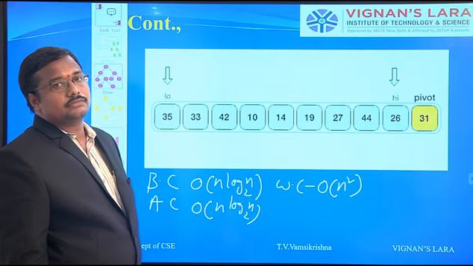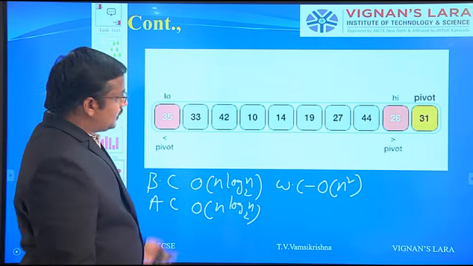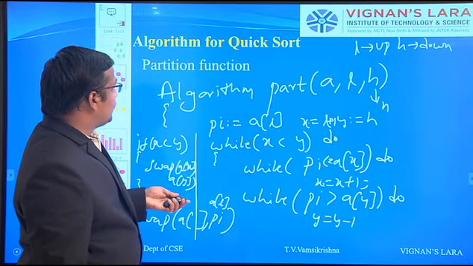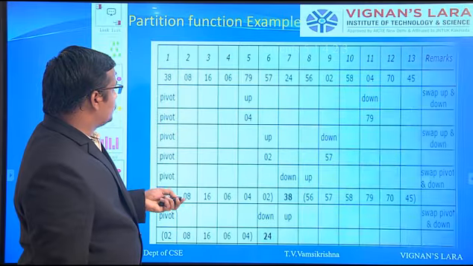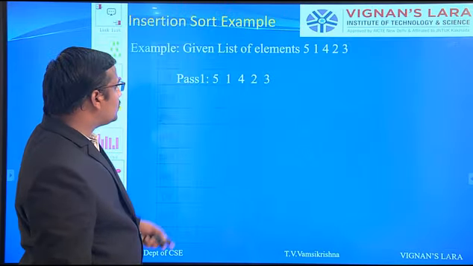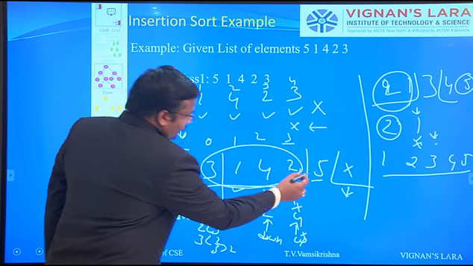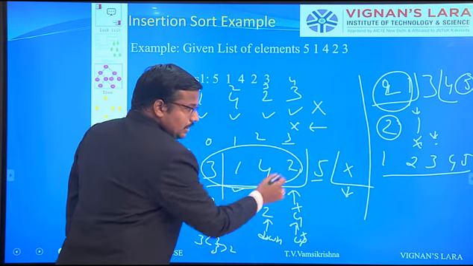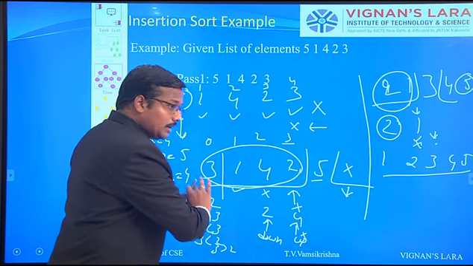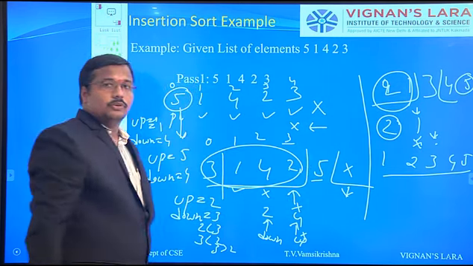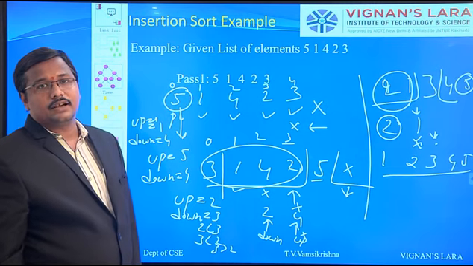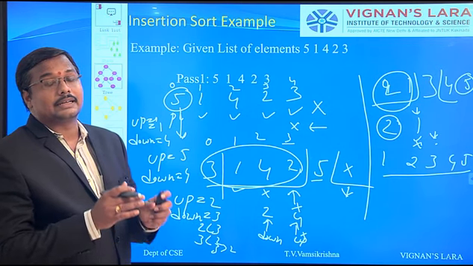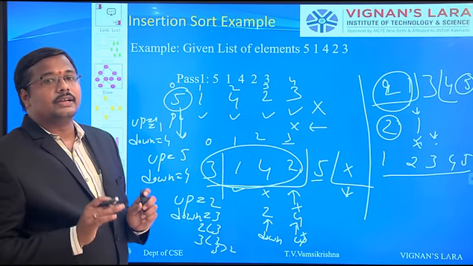In the previous example, when we applied quicksort, 5 came to one position, so the left side array has n minus 1 elements and the right side array has no elements. That is the worst case, when we choose the pivot in that kind of way.